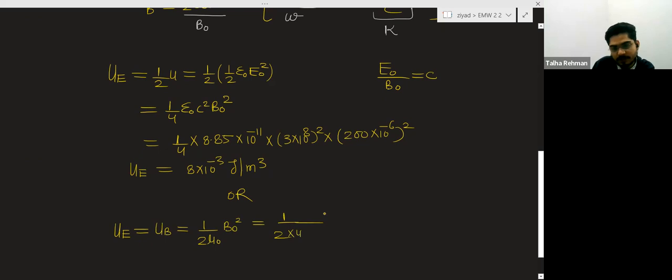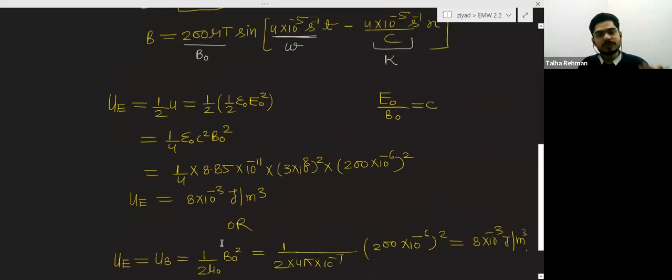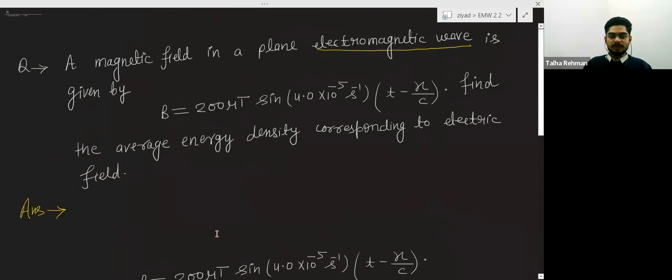Mu naught is given by 4 pi into 10 to the power minus 7. And now put here value of B naught. B naught is 200 into 10 to the power minus 6 square. Same answer you will get. 8 into 10 to the power minus 3 joule per meter cube. So depending upon in what way you want to solve the question, in this way also, you can solve the question.